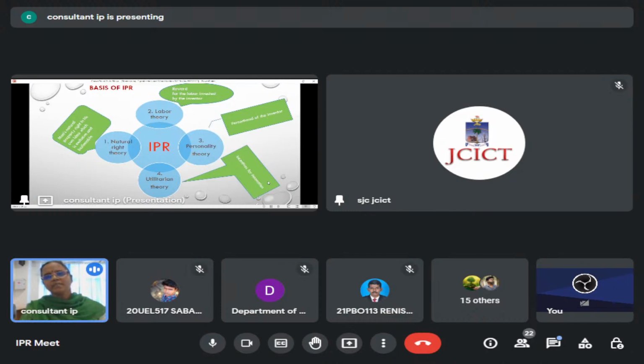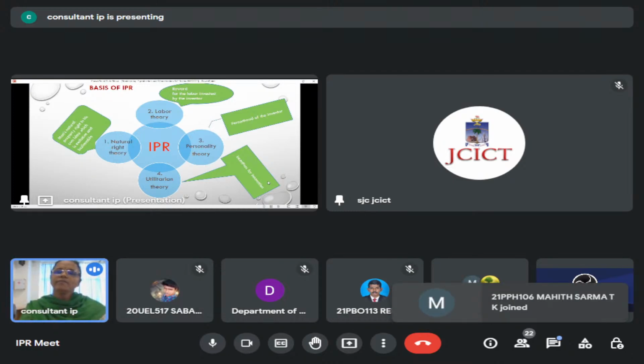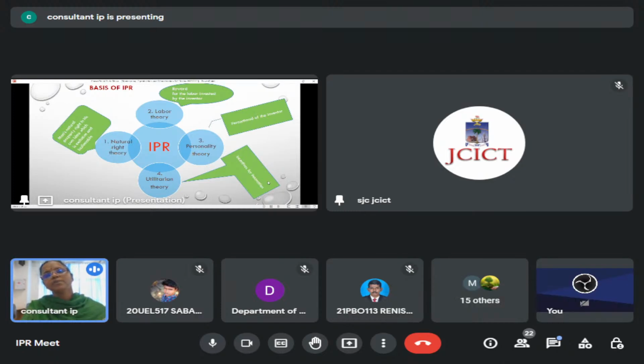So all these theories were there, but what was lacking is that ultimately, out of all these things, some invention, a product, comes out. That product has to be used by another person. The person who invents cannot keep the product to himself. Society has to start using that product for their good.